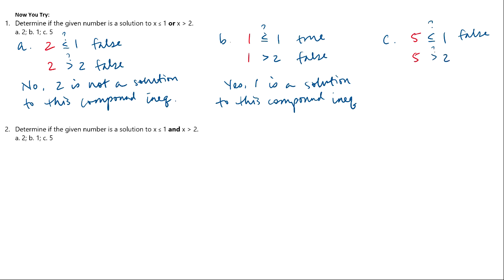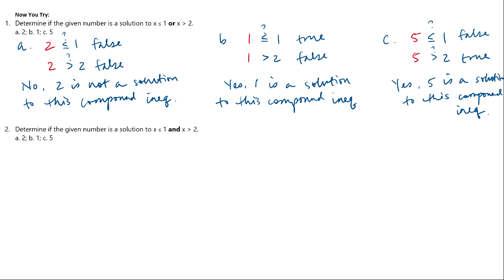And we can see indeed 5 is greater than 2. Because we have one inequality being true, we would say yes, 5 is a solution to this compound inequality over here. So in this case, both 1 and 5 are solutions by our definition.